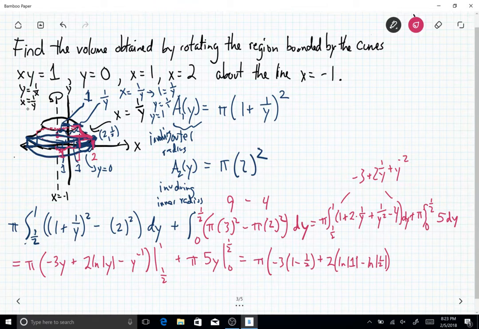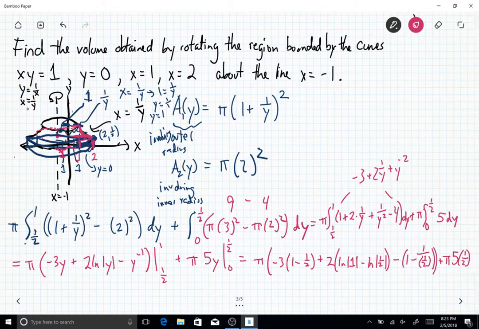In our next case, we have that minus y to the negative 1, so that'd be minus, 1 minus y to the negative 1 is 1 over, so 1 over 1/2. And then plus pi times the 5y, that becomes 5 times, plug in 0, that's just going to give us 0, so 5 times 1/2.